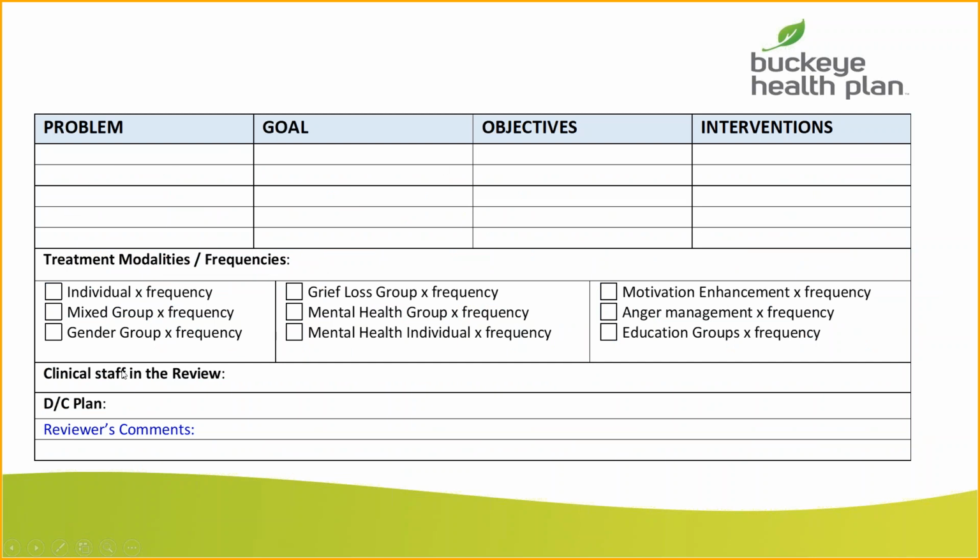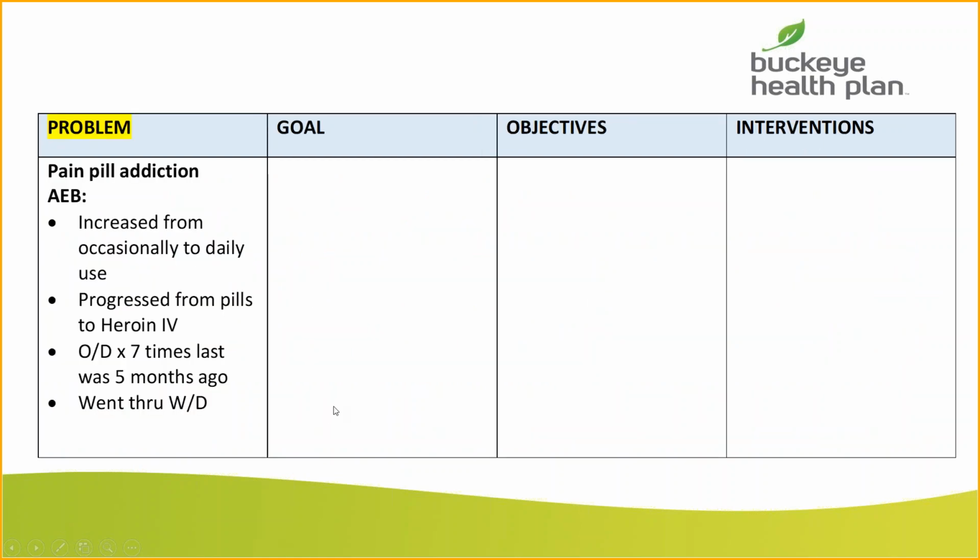So, when we look at this template, and we start trying to populate this template, this is perhaps what it would look like. All right, here's the problem. Her problem is the pain pill addiction. Or we might want to say opiate addiction, right? Opioid addiction. She went from pain pills, so from occasional use to daily use.